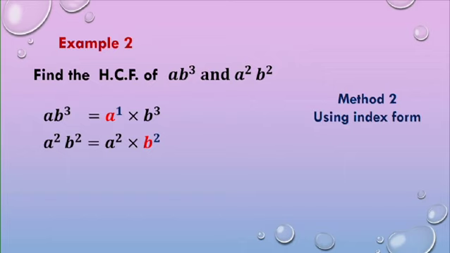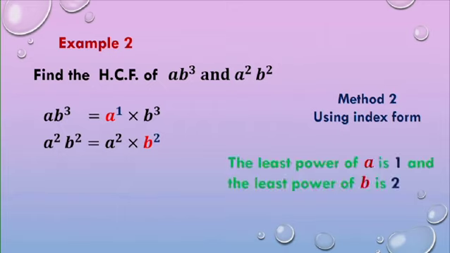To find the HCF of these two terms, we need to take the common factor having the least power. Here the least power of A is 1 and the least power of B is 2. So the HCF is A power 1 times B power 2, which is equal to AB square.